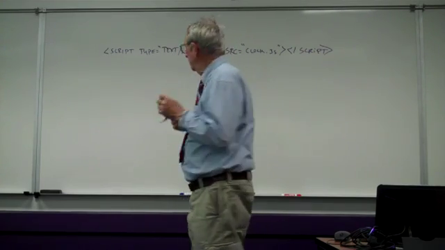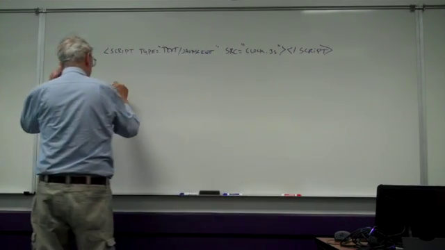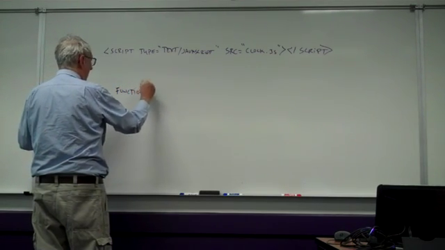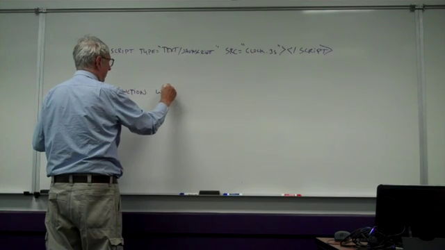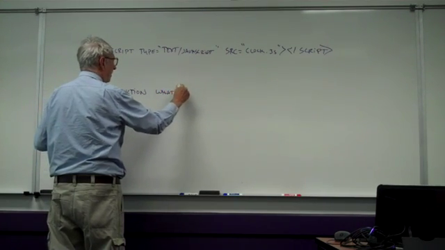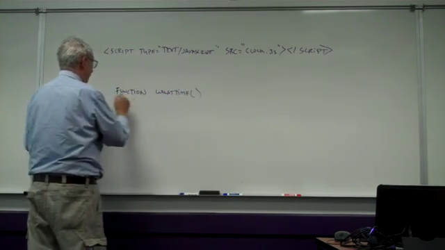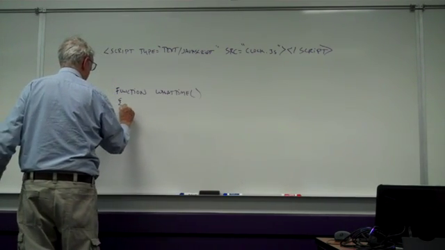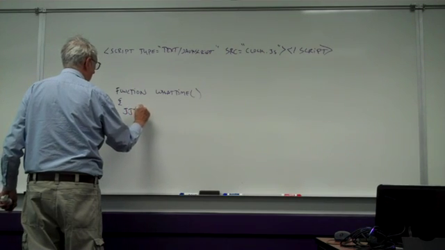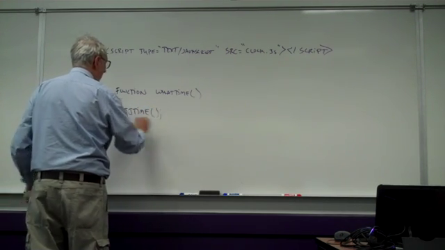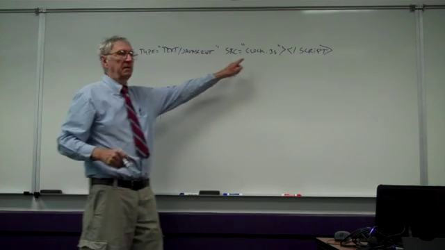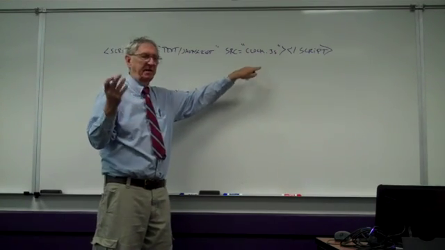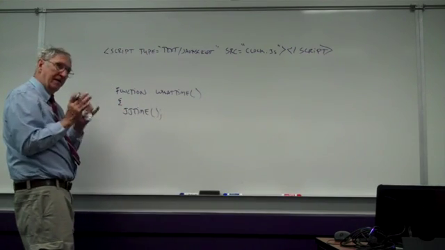So the first thing you're going to do in your function, whatever your function's called, the first thing you have to do is that right there, the JJ time. And what that does is it goes up to here, says what time is it now, and it gathers all the information, what day, what time, what date, and all that stuff. Gathers it all. So now you have it in your machine.